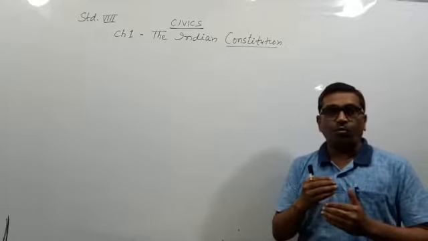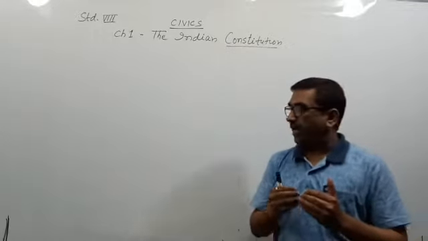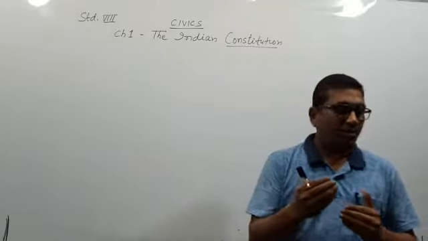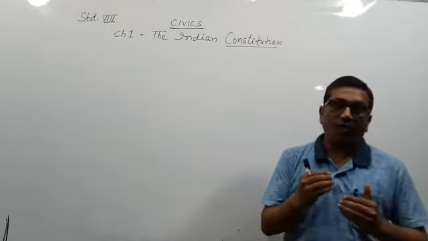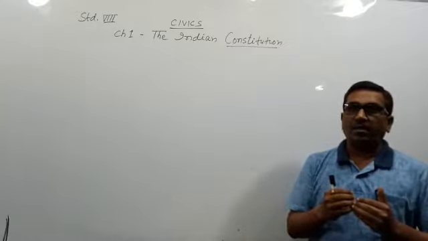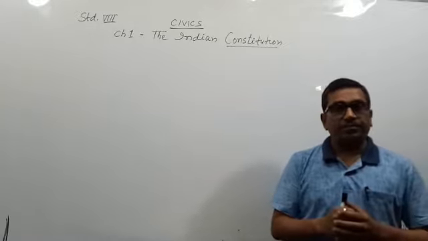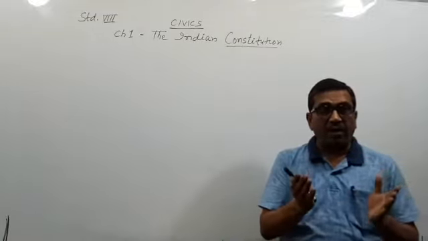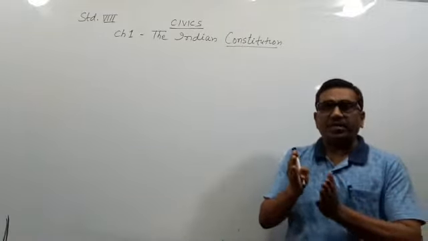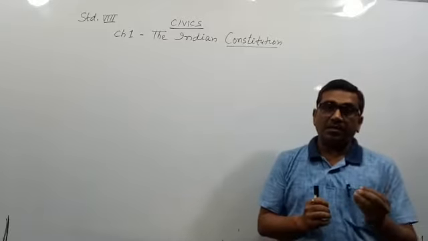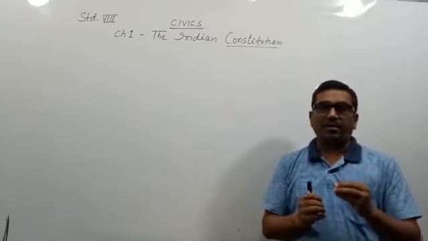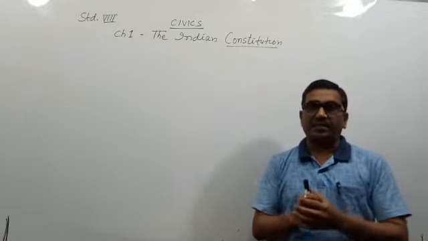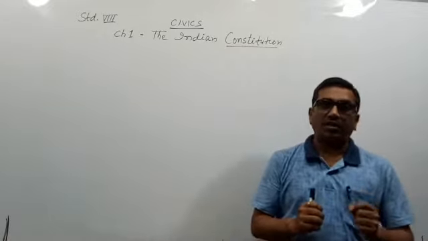Since we follow many rules and regulations at home, we can say it is also part of the constitution because it is a part of law. In school, in the playground, everywhere some rules are imposed. Simply to run a country, there must be some rules. This collection of rules is called the constitution.